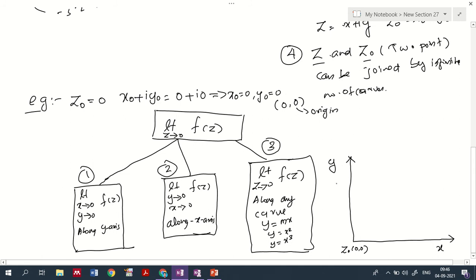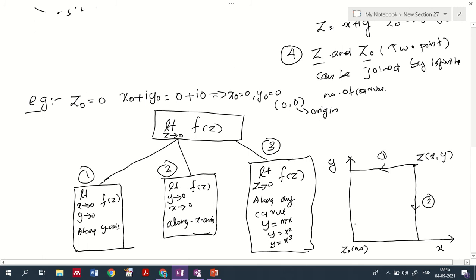In the first case, if I represent, this is my z x y. So this will have a path corresponding to along this one. And the second case, let me draw this one. It will be along the x-axis.